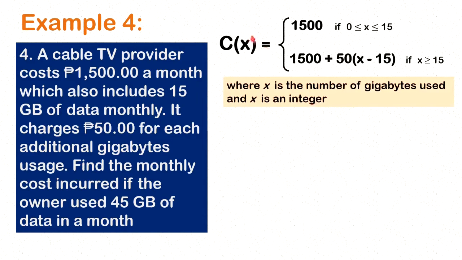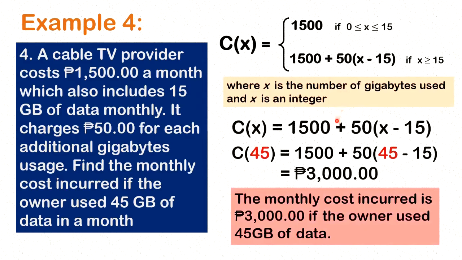So, madali lang to kasi isa-substitute lang natin yung 45 dito sa x. Okay? And we use this function. Alright? Okay. Like this. See? So, this is our cost function. And then we substitute x equals 45. And we get 3,000 pesos.